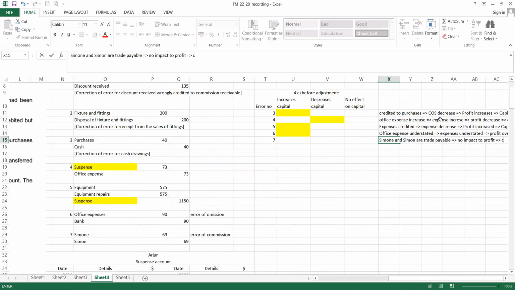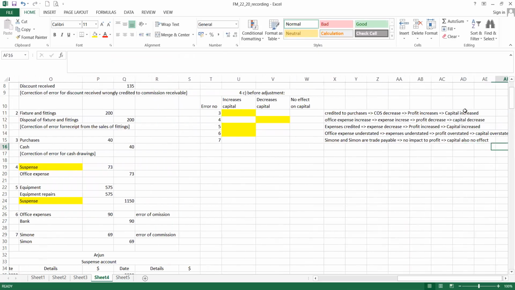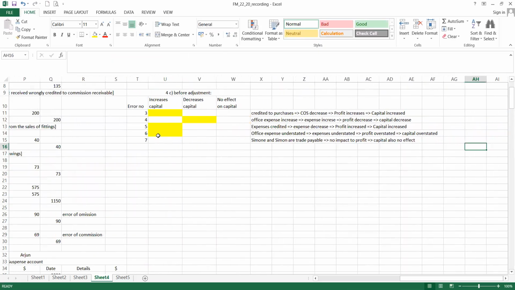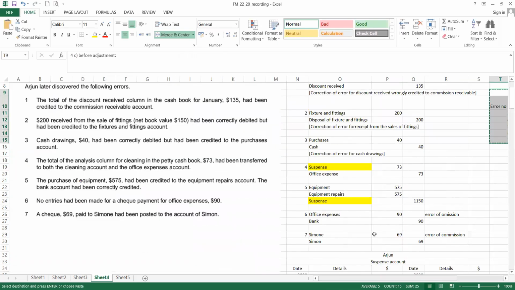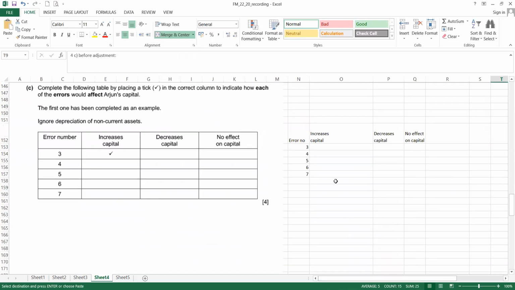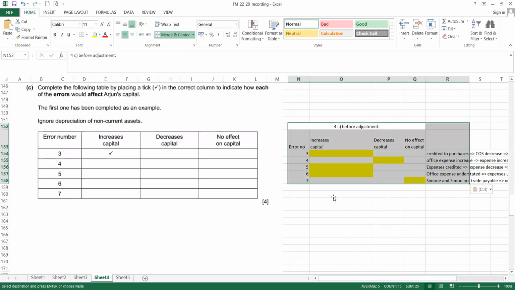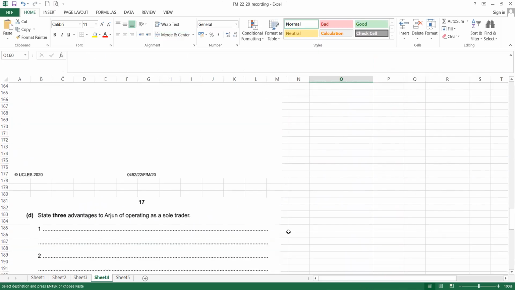So capital also no effect. So this is the last one, 7, no effect. So go through one more time, read through the notes about the effect on this 4C. So I copy paste into here. So this is for this answer. Okay. So now let's move on.